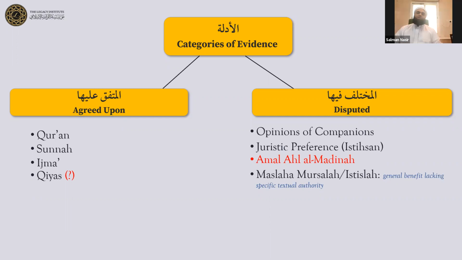And the reason is because in the books of Usul Fiqh, and I believe this is the case in al-Mustasfa as well, yes, that's right, typically, this issue of Amal Ahl al-Madinah, or Ijma' Ahl al-Madinah, as it's oftentimes framed, is oftentimes mentioned as a subcategory of Ijma'. It's not mentioned as an issue on its own.